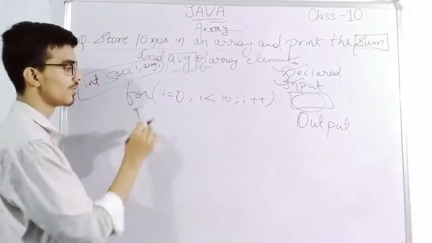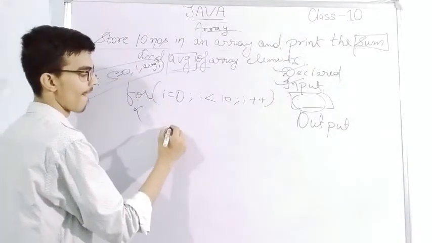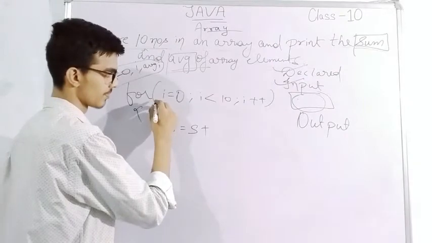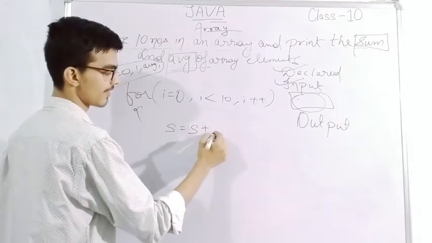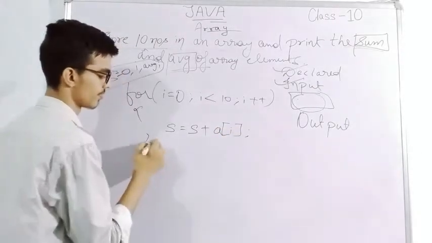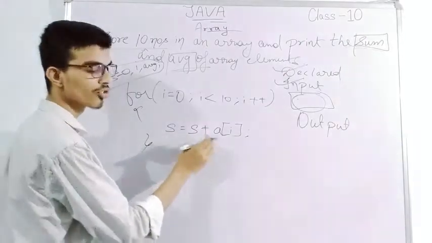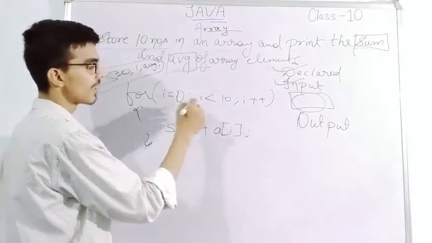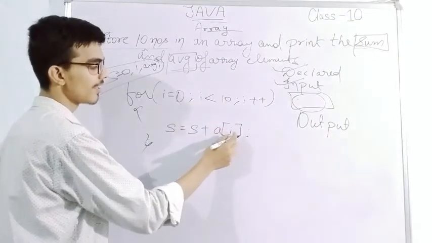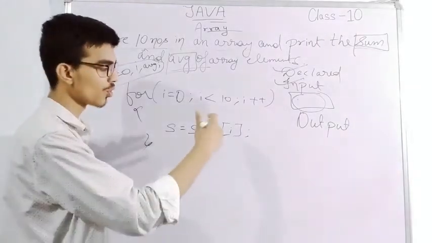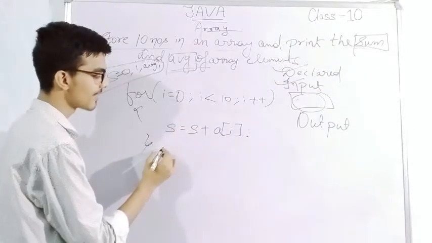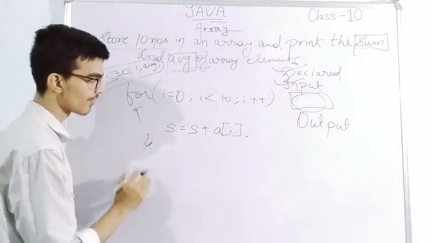So we'll write s = s + a[i]. Again, the value of i will change, and a[0], a[1], a[2], a[3] and so on will come inside this and be added, and at last we'll get the value of sum.